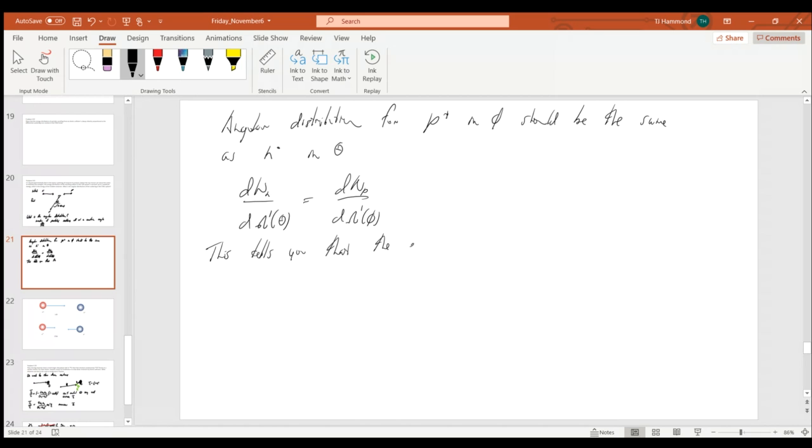that the energy distribution is constant, where dN of our protons by dT is going to be constant.